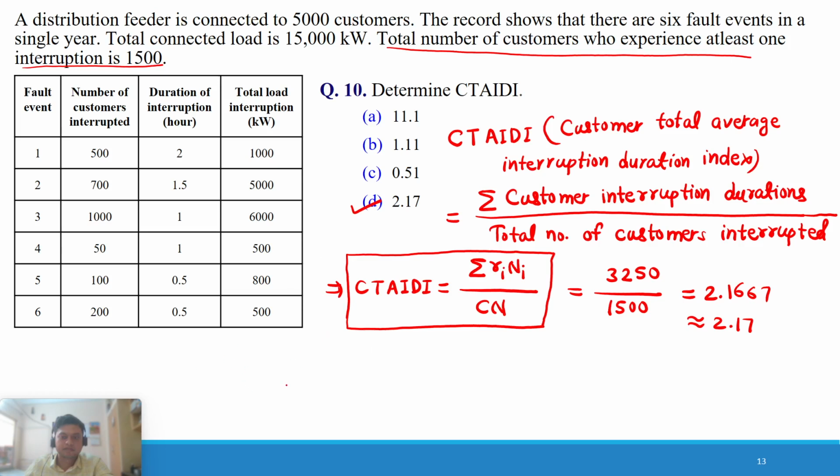If you remember CAIDI, Customer Average Interruption Duration Index, it is the ratio of sigma RiNi divided by sigma Ni. We count all the number of customer interruptions, in hours per customer interrupted.